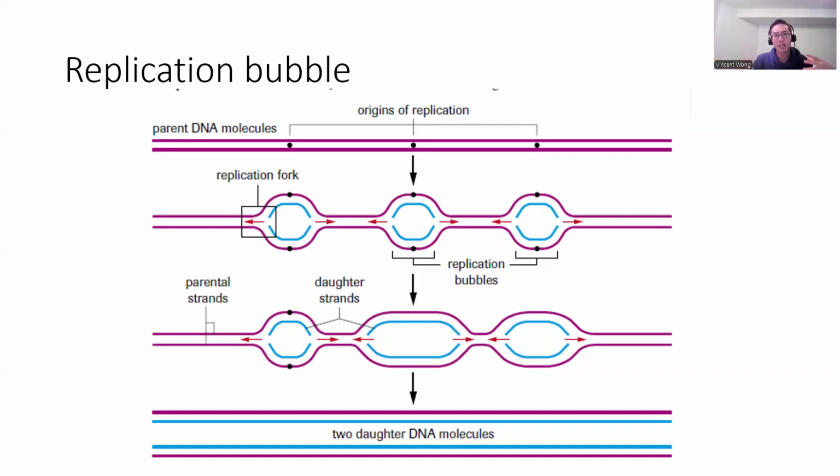That way you can simultaneously do more and finish quicker. That's what this is about. By having multiple replication bubbles, you can copy more DNA at the same time and finish quicker. That's all it means. So that's the first difference.